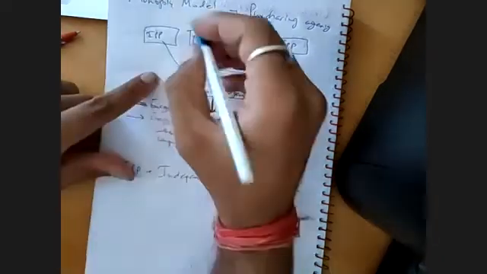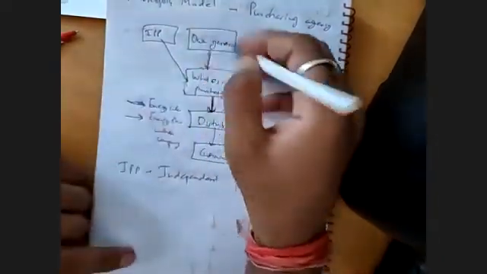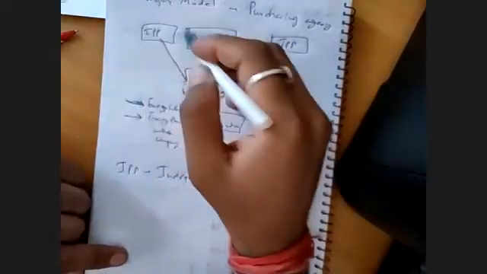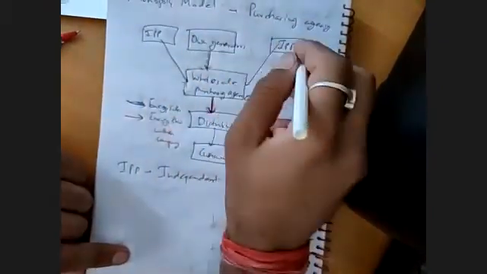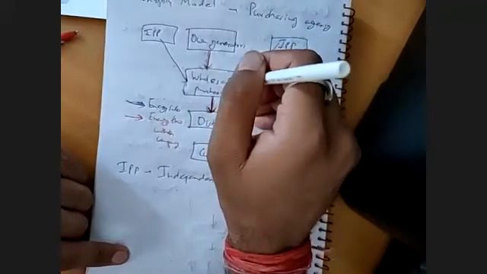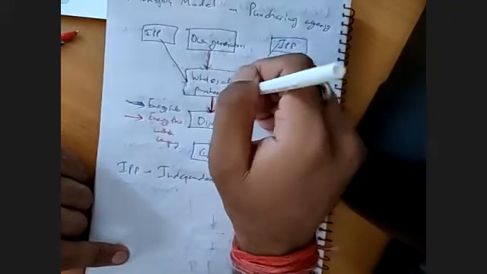So in this, we have the company's generation, and then we have independent power producers which will be selling the power to the wholesale purchase agency.